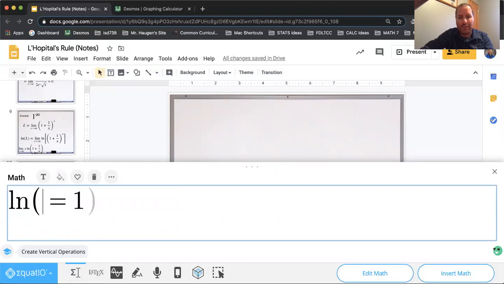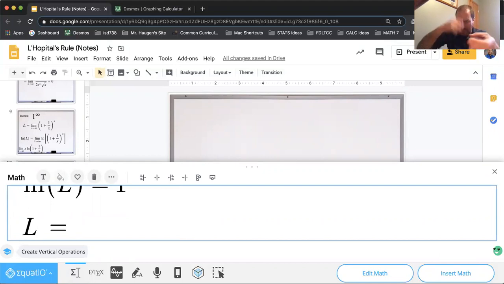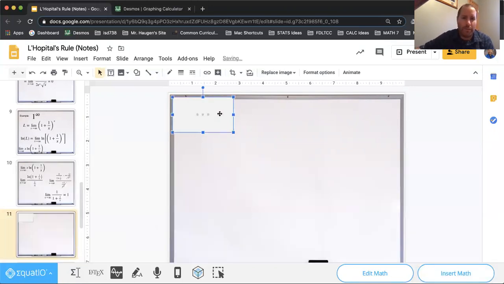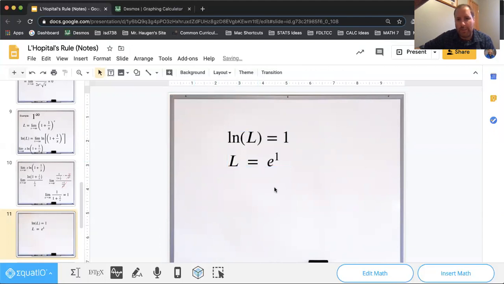That's the natural log of the limit is equal to 1. And so then we have to make sure that we change that back to exponential form. And that would be just e to the 1 power, right? That's what this would become. We have to make sure that we undo that natural logarithm part as well.